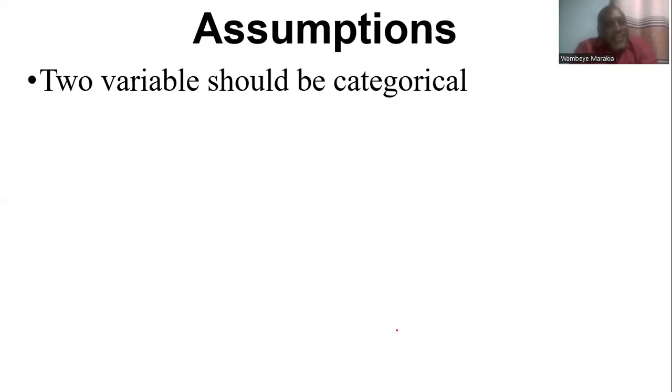Now, the first assumption is that the two variables you want to look at for association should be categorical. They should be categorical.